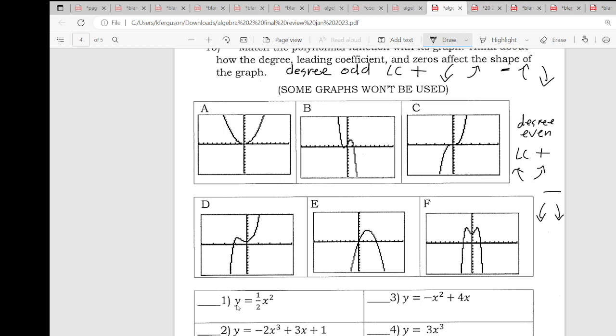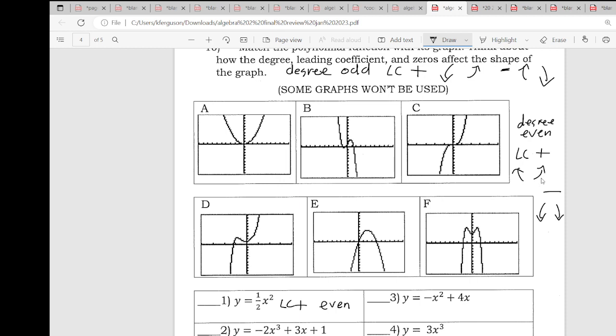So let's start with number 1. What's the leading coefficient sign? It's positive. And what's the degree? It's even. So even degree, and the LC is positive. That means when x is at negative infinity, it's coming from the top, y is positive infinity.